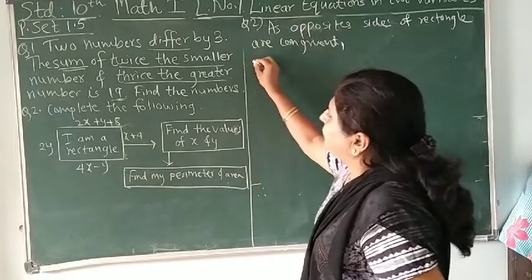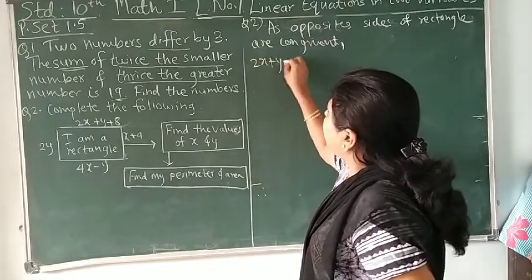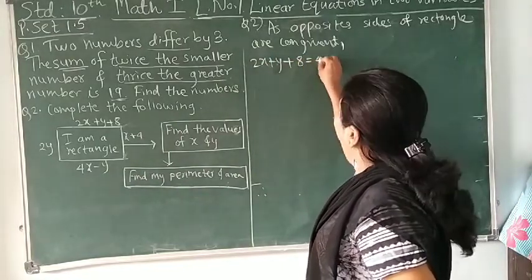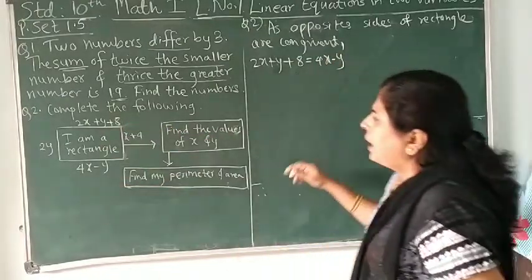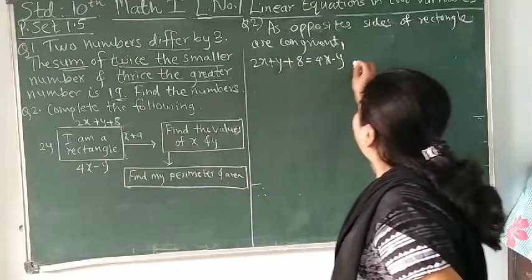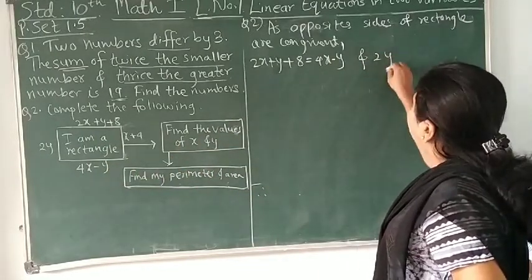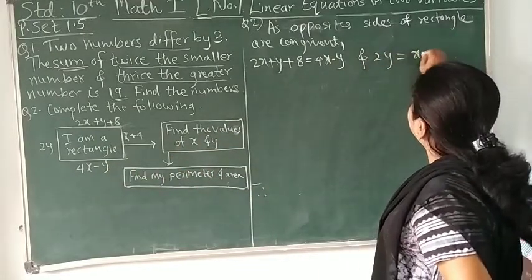If congruent, we can say 2x plus y plus 8 is equal to 4x minus y. These two sides are equal, congruent. And these two are also congruent. And we can get here 2y is equal to x plus 4.